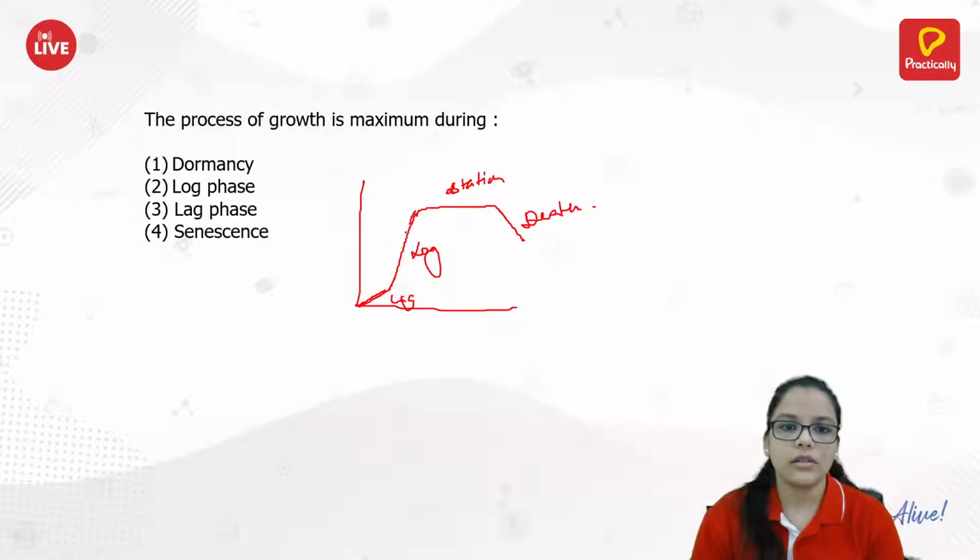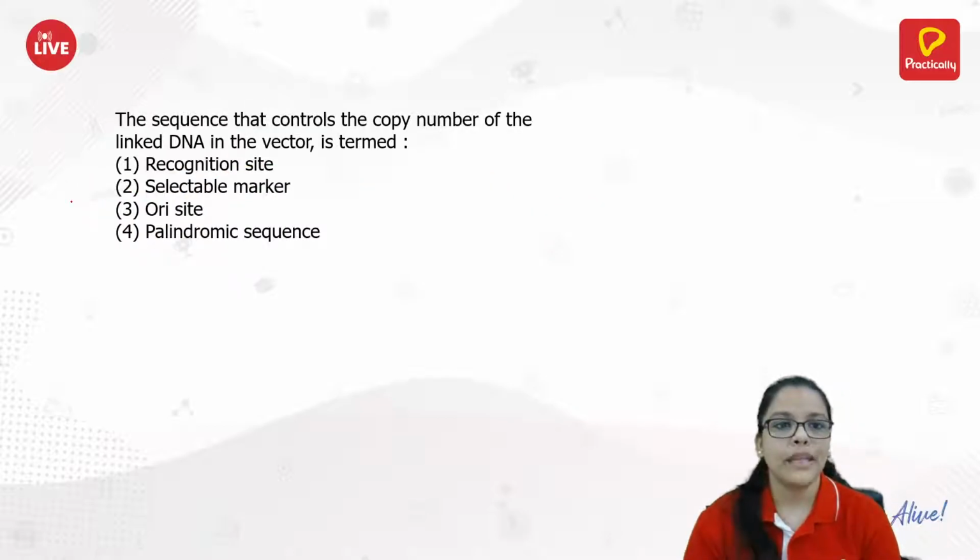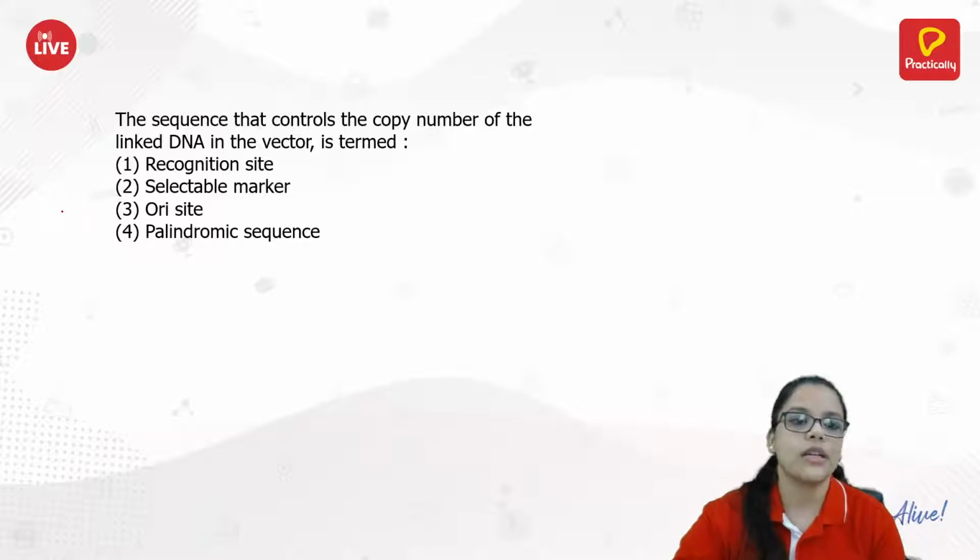You can see the maximum growth is in the log phase. The sequence that controls the copy number of linked DNA in a vector is termed the ORI site.